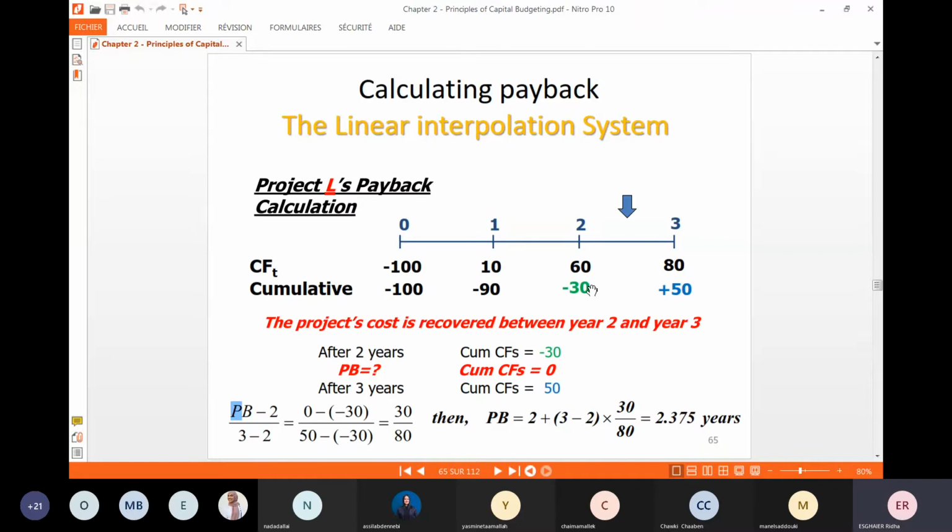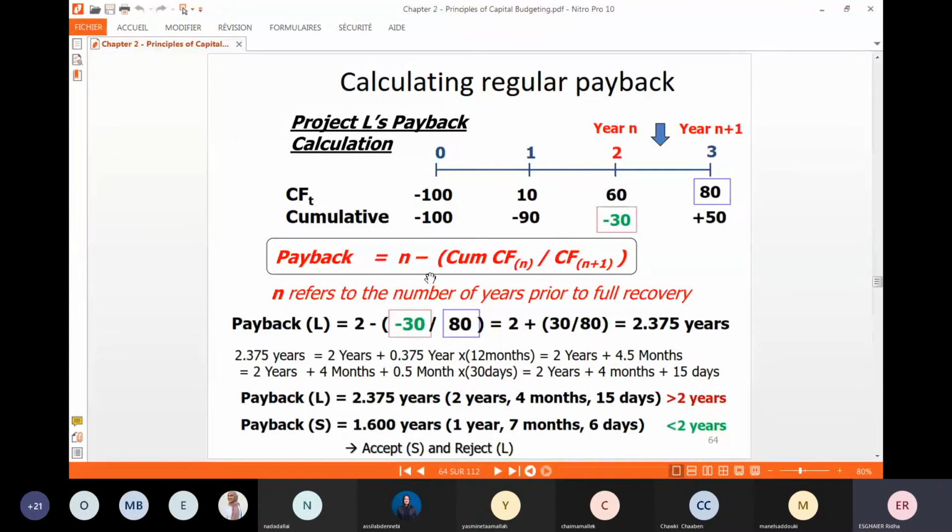So 2 minus cumulative of 2 over cash flow of year 3, which is: n minus cumulative n over cash flow n plus 1.